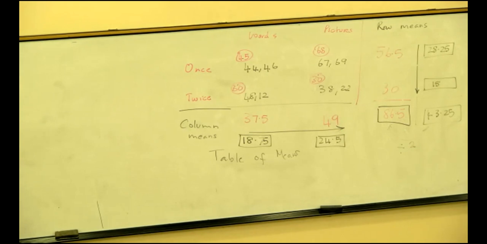Since we get 43.25 using all of them, it is called the grand mean or the total mean. Your book calls it GM.